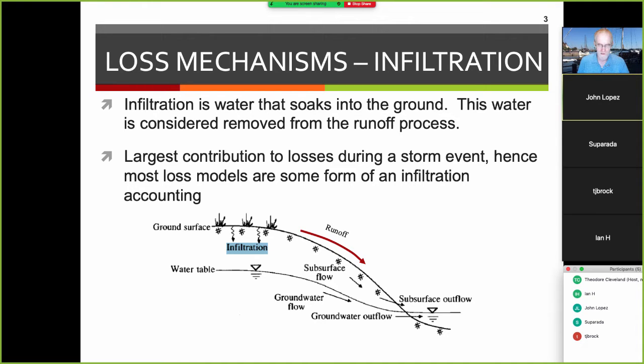So the subsurface flow and runoff are close enough in time scale that they can be gathered together as net runoff, and the groundwater flow is a longer time scale that usually it's just built into the base flow component.